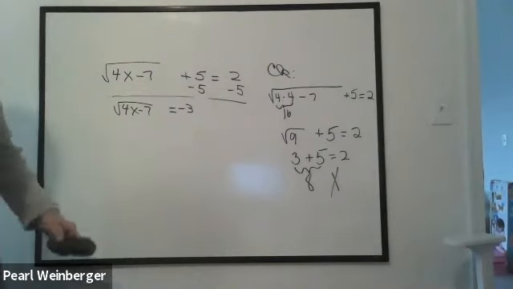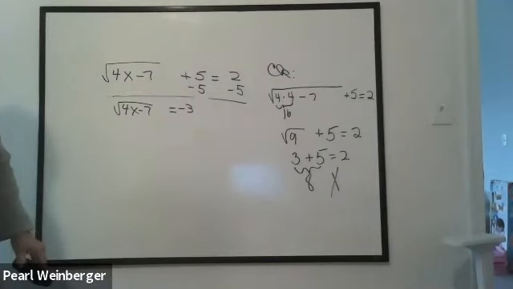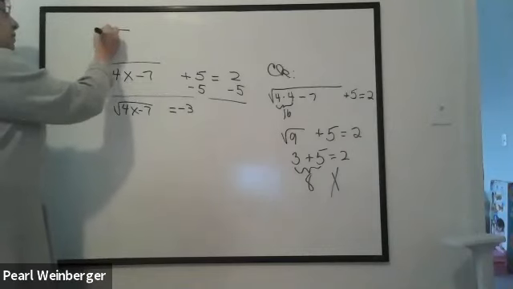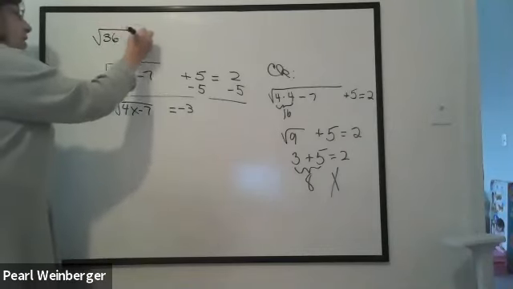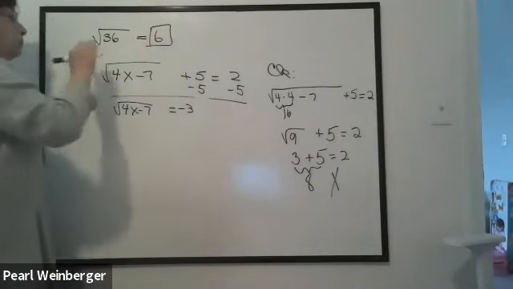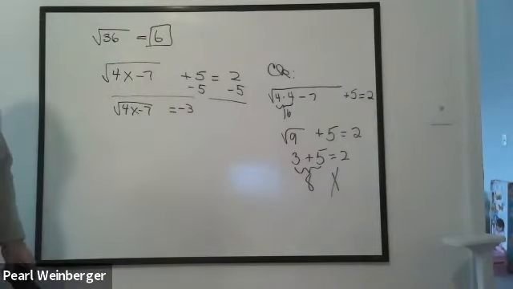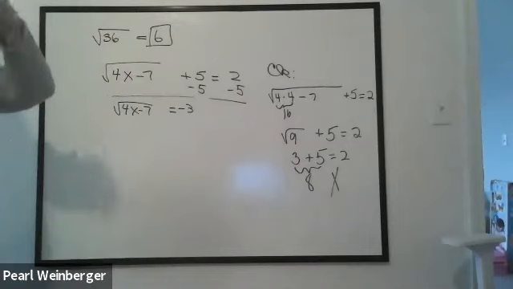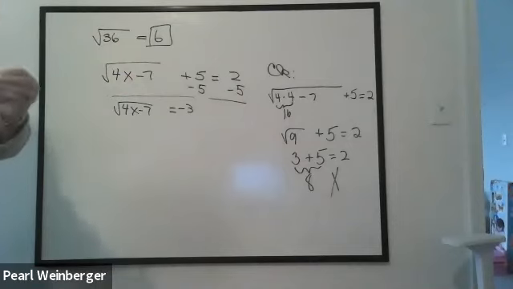If you recall, when we started talking about radicals and square roots, if I write something like the square root of 36, the answer is always a positive number. I know that you could do -6 times -6 and get 36, but the radical sign is always what we call the principal square root.